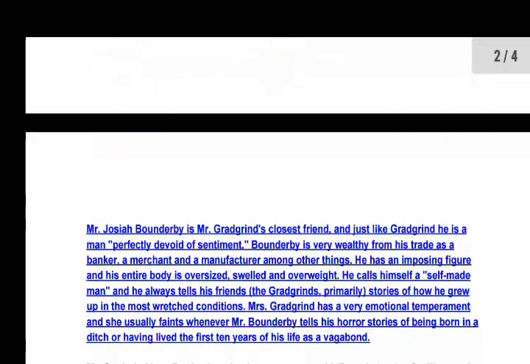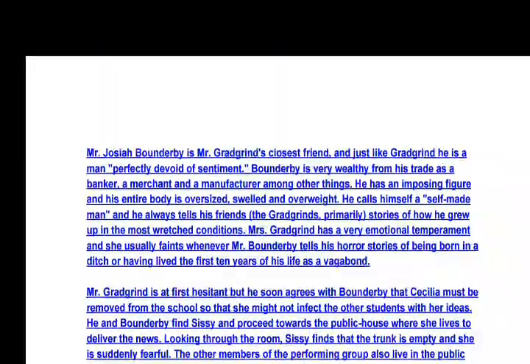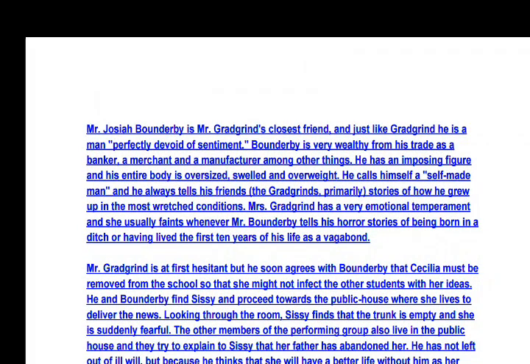Mr. Joseph Bounderby is Mr. Gradgrind's closest friend, and just like Gradgrind, he is a man perfectly devoid of sentiment. Bounderby is very wealthy from his trade as a banker, a merchant, and a manufacturer, among other things.